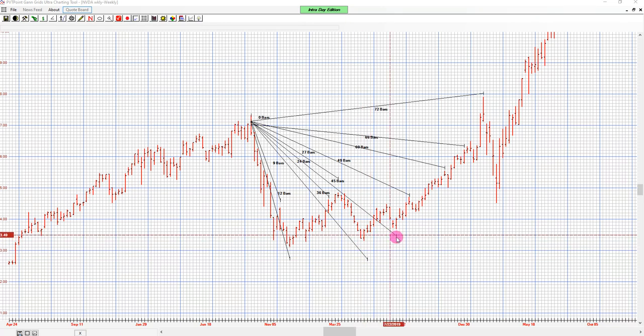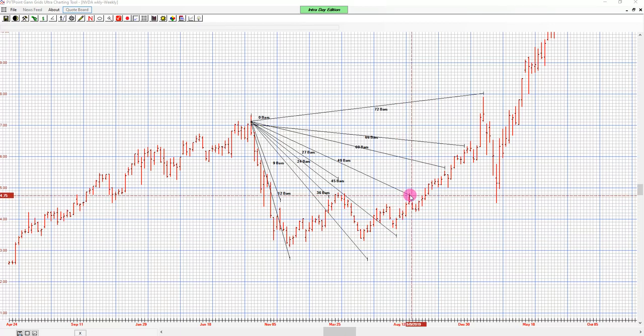Then 45 is this low. Then we're looking for something at 48. Instead, it came in at 49, which is 7 times 7, very close to the 48. So the death cycle was where the turn actually was.